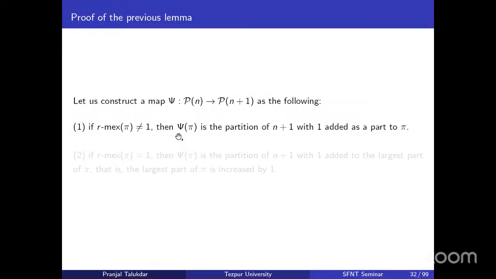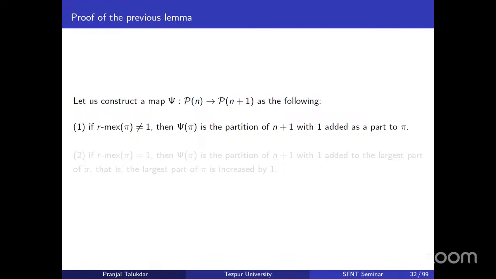Under this map psi, we add 1 as a part to pi. Then pi is a partition of n, and since we are adding 1, this psi of pi becomes a partition of n plus 1.